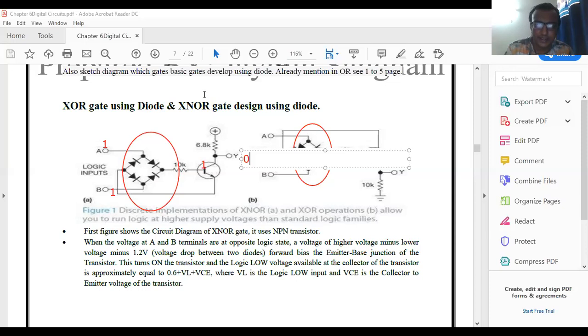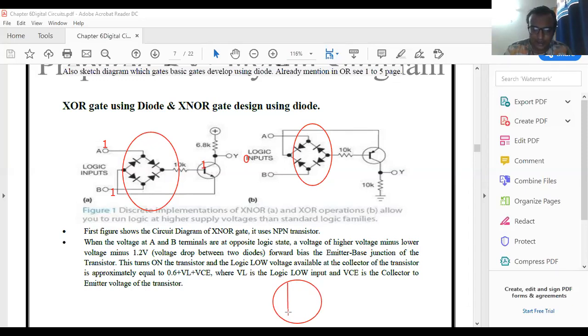Again, I have sketched this diagram here. Please try to understand these two cases very properly, so you will be able to understand the entire circuit diagrams of chapter number 6 very clearly. See here, this is the indication of the base terminal, emitter terminal, and collector terminal.